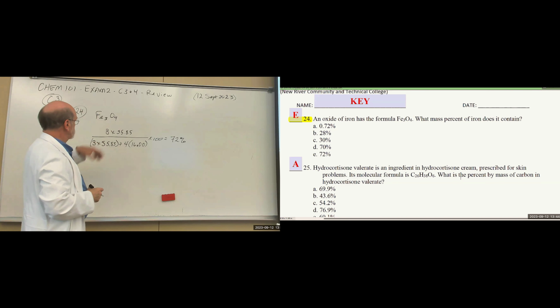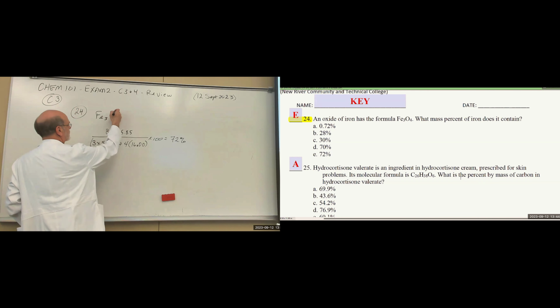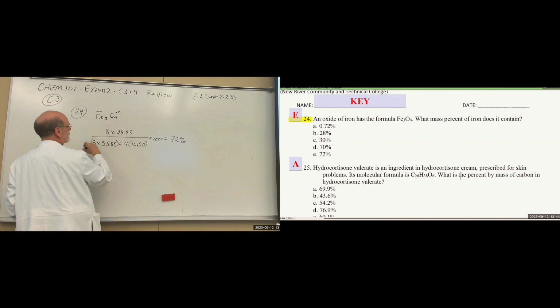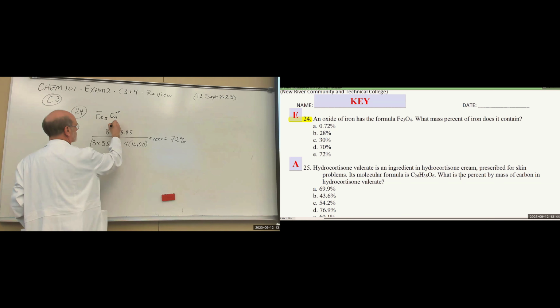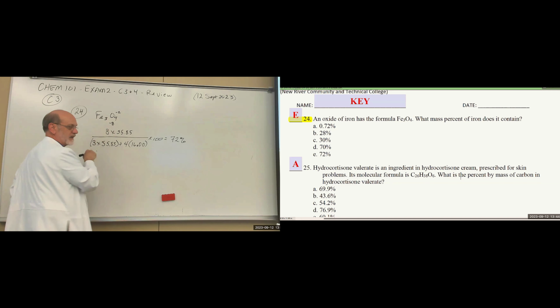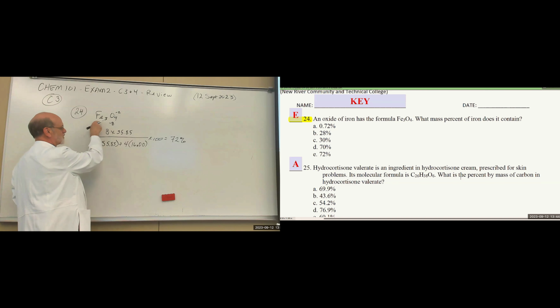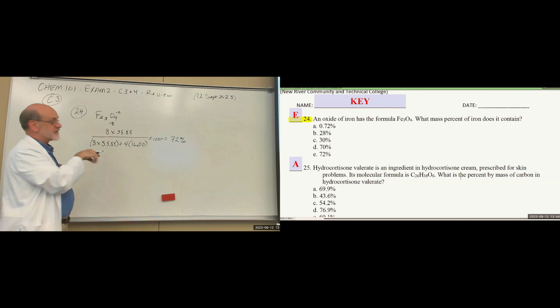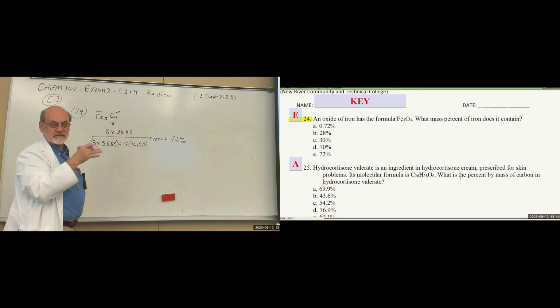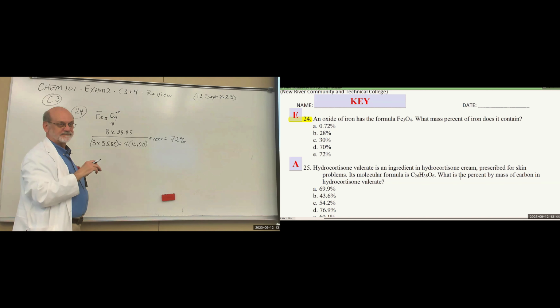Now, if you try to balance the charges here, this is -2. That would be -8. Right? 3 doesn't go into 8 an even number of times, does it? To find out what the charge on iron is. So this is a combination of 2 compounds.